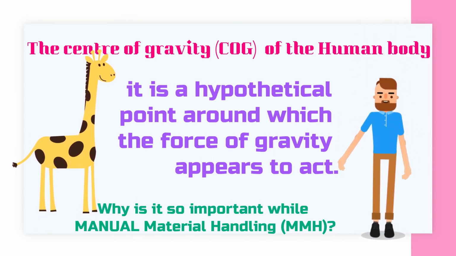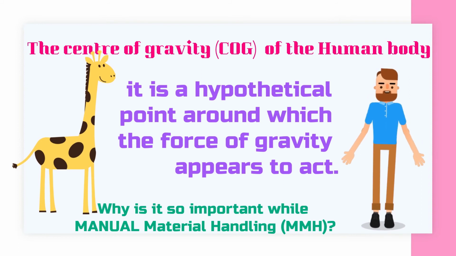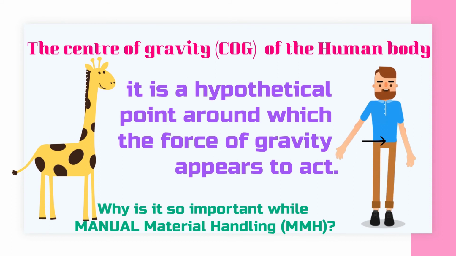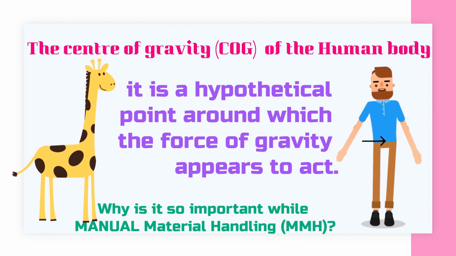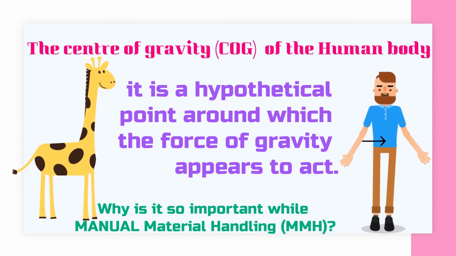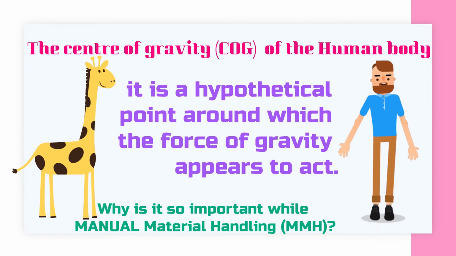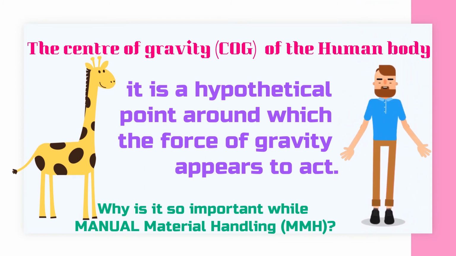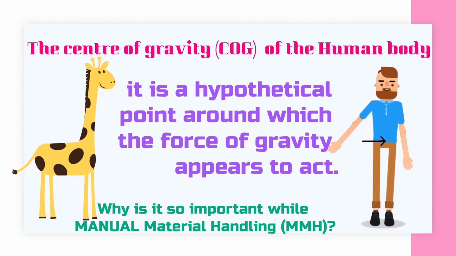We see the giraffe is the tallest animal. It has the longest neck. So for it to run or to get up, it is a very amazing thing how it balances itself without falling. While it runs, we find that the pendulum motion of the neck helps it to propel forward and also helps it to balance the center of gravity.